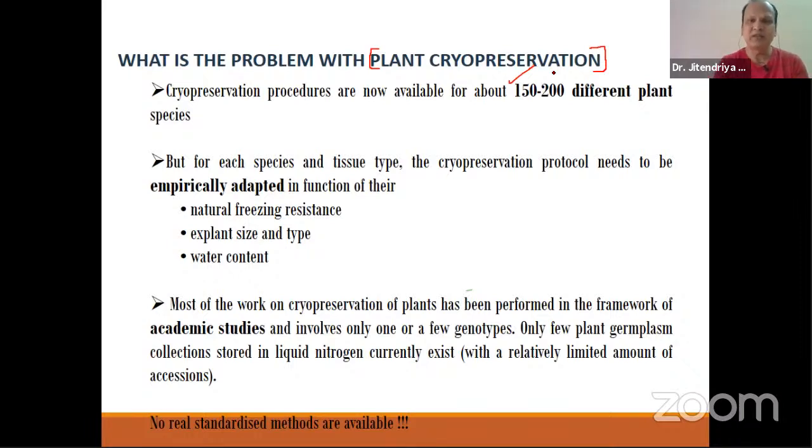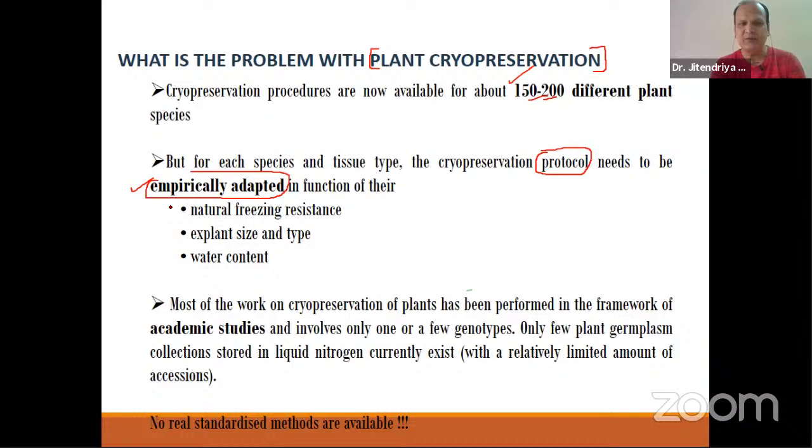It may be more than that also. But what would happen if this cryopreservation protocol is not perfectly processed or followed, then there might be certain problems created. Okay, so it is being empirically adopted, or you can say standardized.